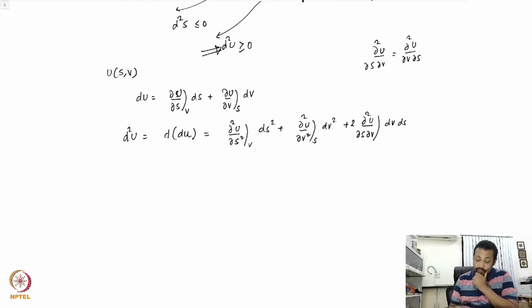Now I can write this in terms of the derivatives. If you recall, (del U/del S) at constant volume is temperature, and (del U/del V) at constant entropy is minus pressure.